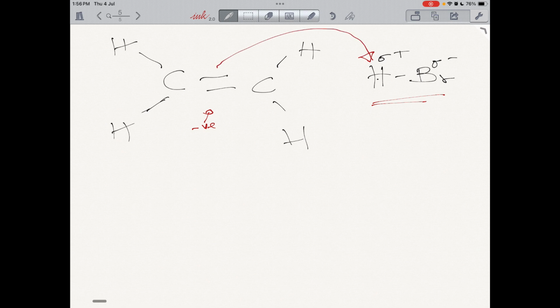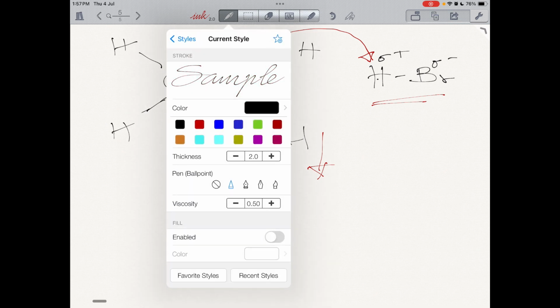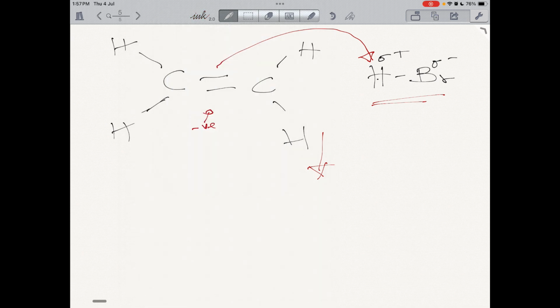As the curly arrow goes, the pi bond has gone to attack the hydrogen of the hydrogen bromide. So we no longer have the pi bond. We only have the sigma bond remaining here.